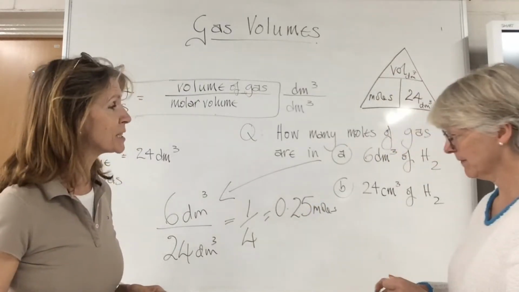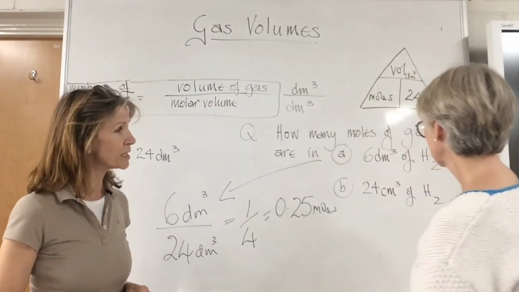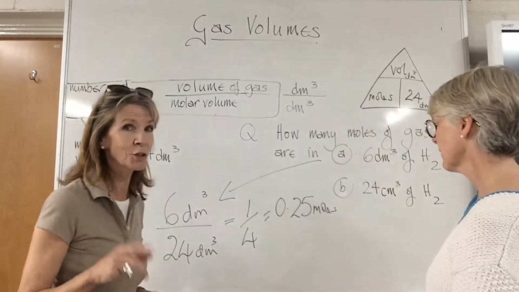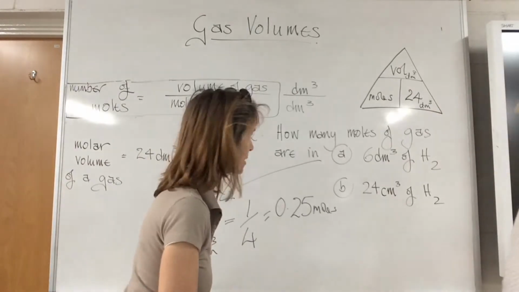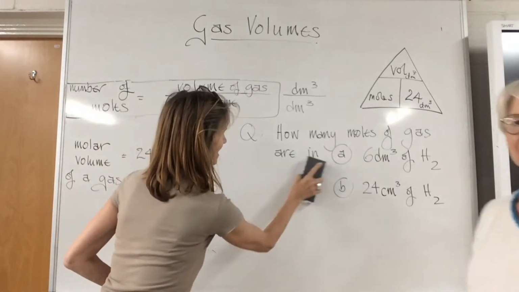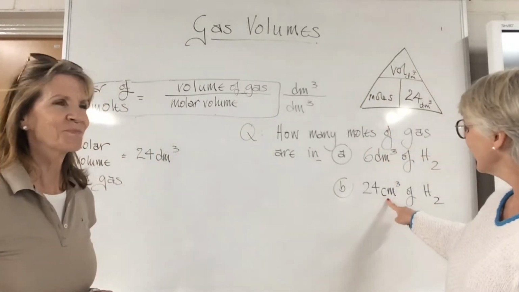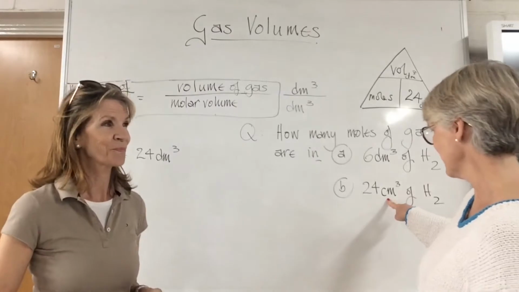Perfect. I think you've got that correct, Dr. Bourne. Now the second one is the number of moles of 24 cm cubed of hydrogen. Now I can see a typical pitfall here: this is in centimeters cubed.